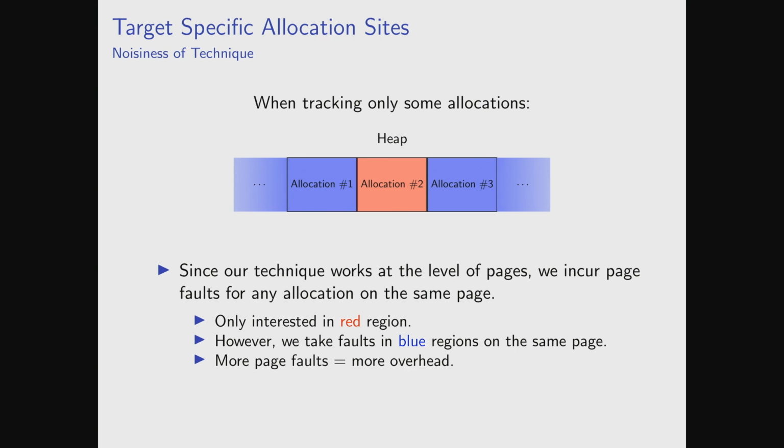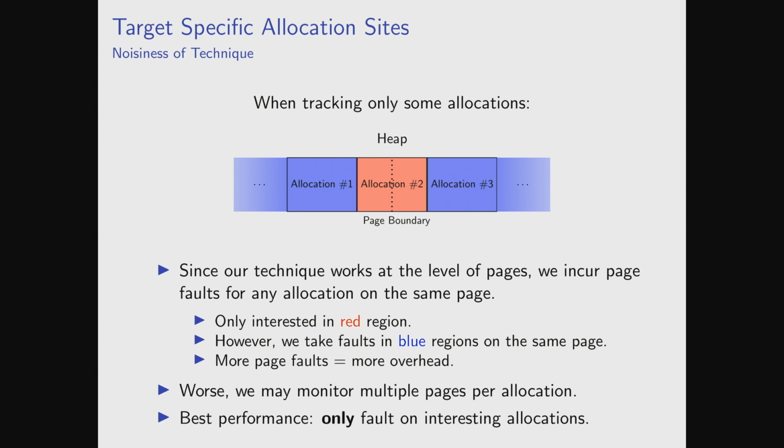And so more page faults means more overhead. This situation gets even worse if the allocation we're interested in happens to lie right across a page boundary. We might be tracking 8 kilobytes of memory despite the fact we're only interested in 32 bytes or something like this. So for best performance, we only want to take page faults upon accesses that we're interested in.